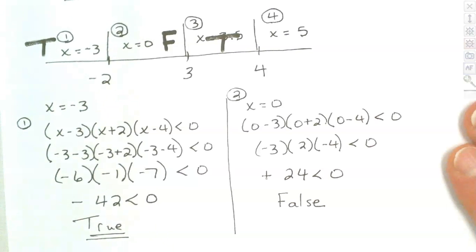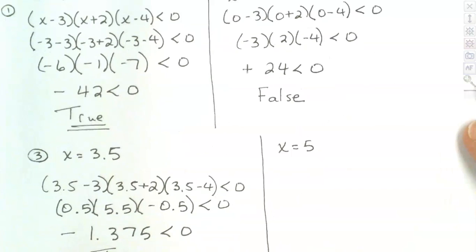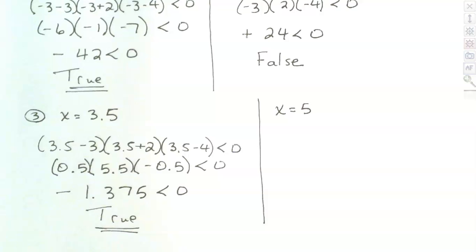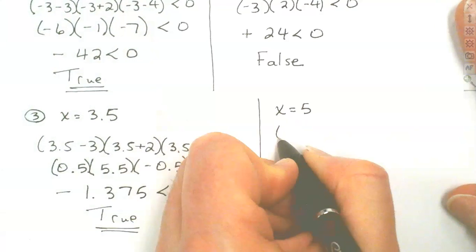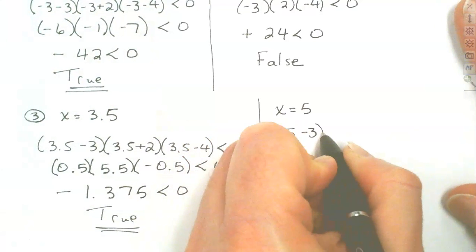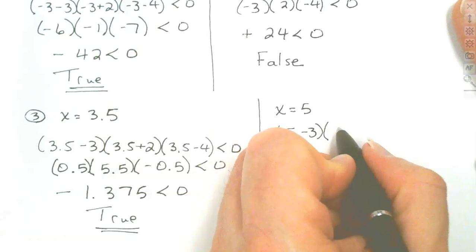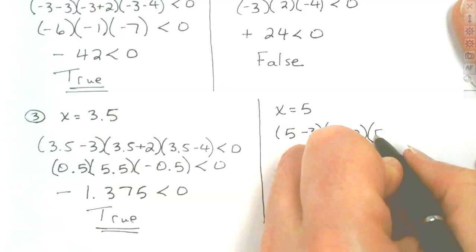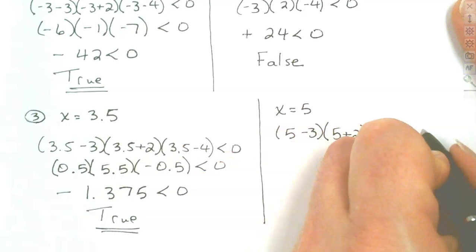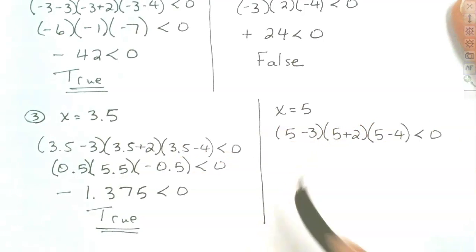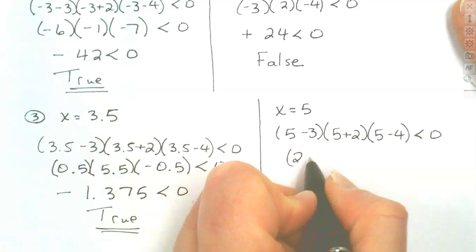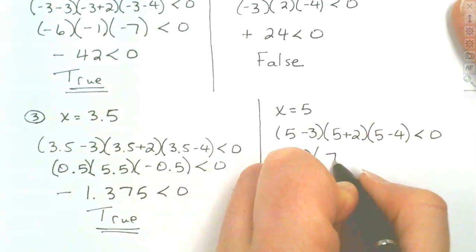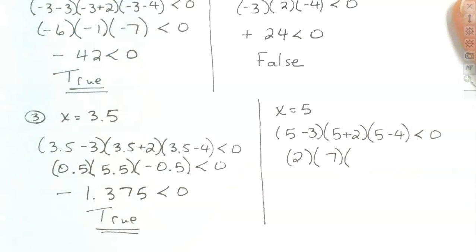Next, check the fourth region, which is x equals 5. So work this out again, and that's going to be 5 minus 3, 5 plus 2, 5 minus 4. 5 minus 3 is a 2. 5 plus 2 is a 7. 5 minus 4 is a 1.